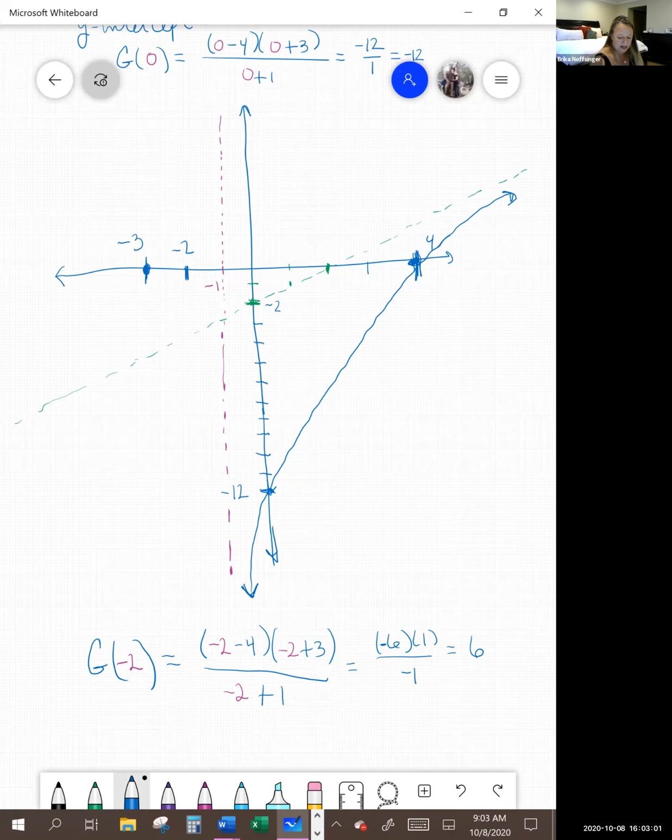So when x is -2, y is +6. I'm sorry, why did I put that there? It's not an x-intercept.